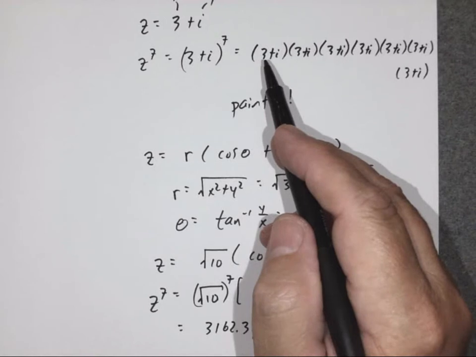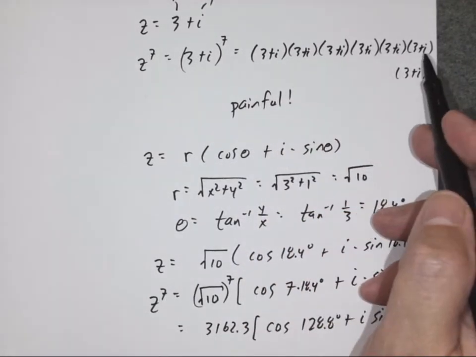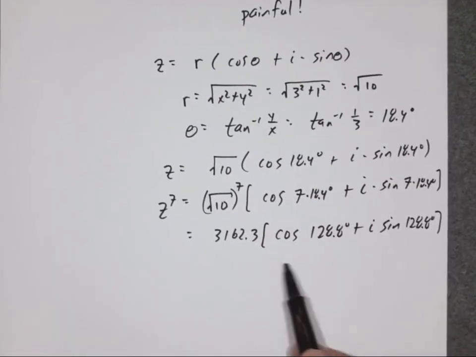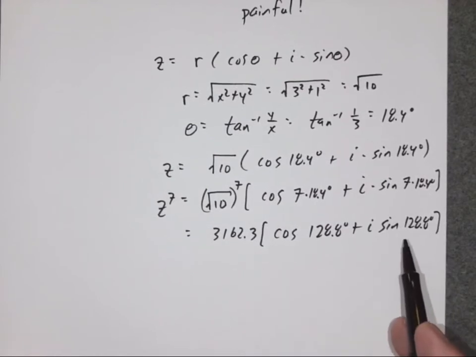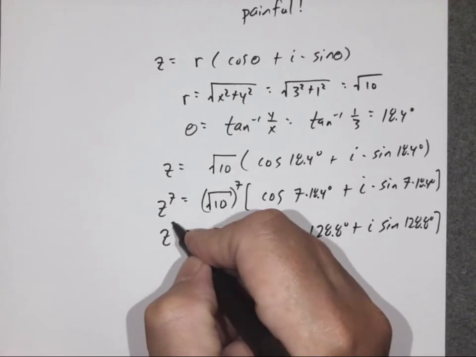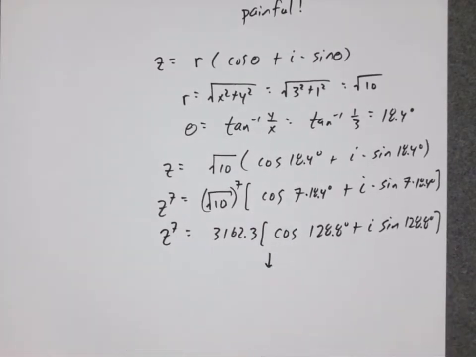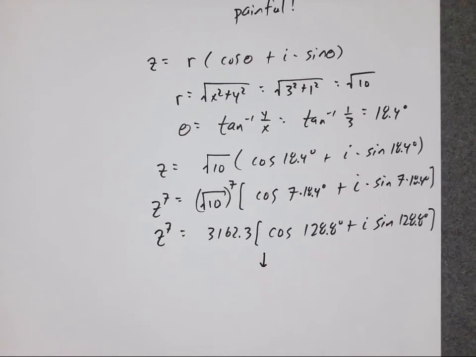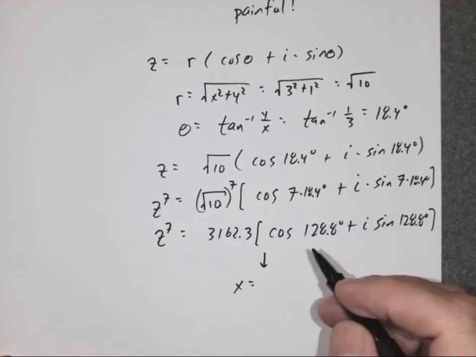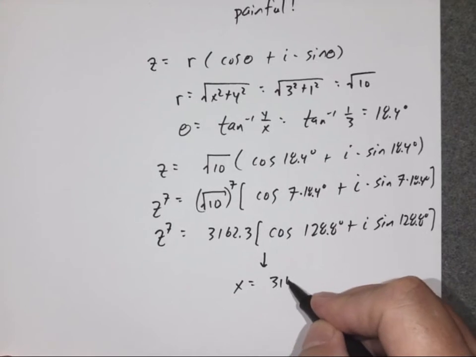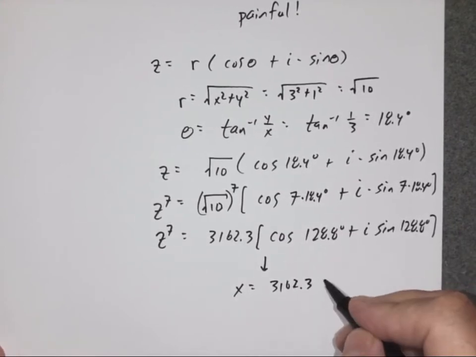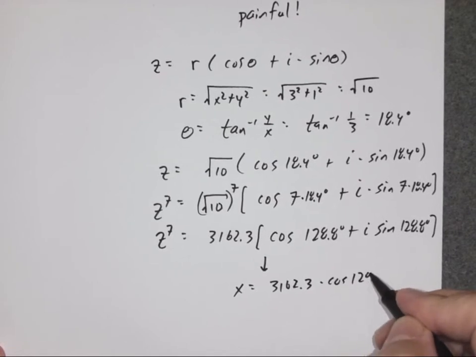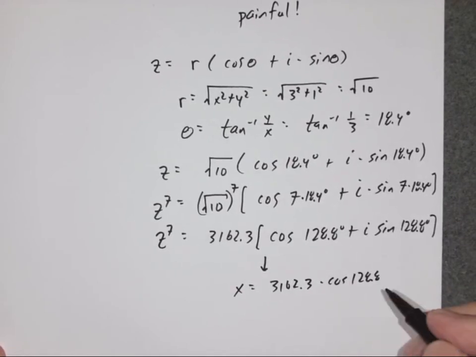Okay, compare all of this to what I did here. Now granted, my answer is still in polar coordinates, and if I want to change this to rectangular, what do I do? It's pretty simple, right? Remember, x is r times the cosine, so let's just go and do that.